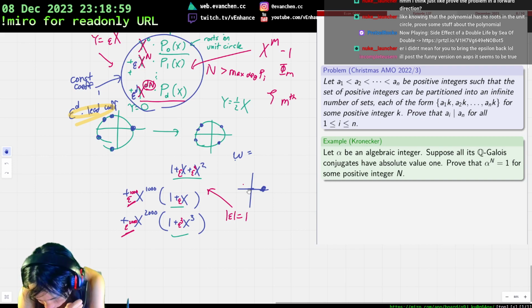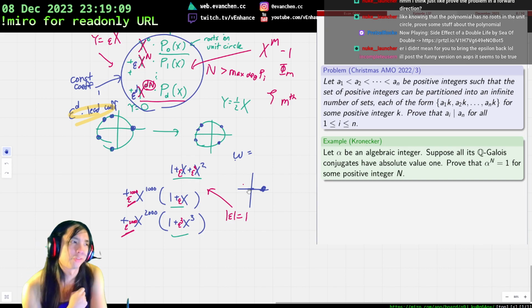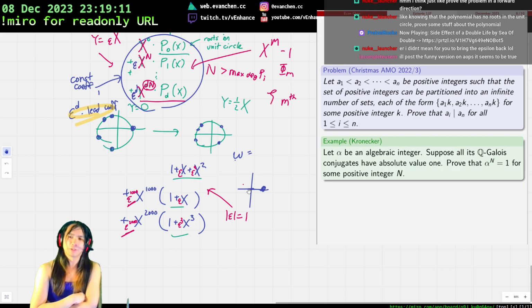In the integer version, it is actually a reciprocal. In the integer version, if you had a root, then its complex conjugate is also a root, and ergo the polynomial should read the same forwards and backwards or something like that, because 1 over x is also... Oh, hang on. Okay. I don't know.